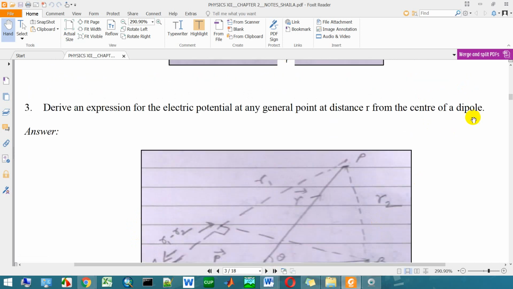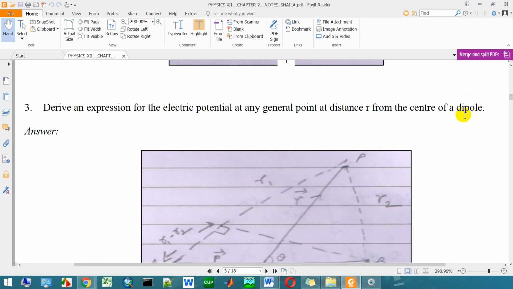So hope you know what is electric dipole. Electric dipole means it is a system of two equal and opposite charges separated by a small distance. And what is electric dipole moment?